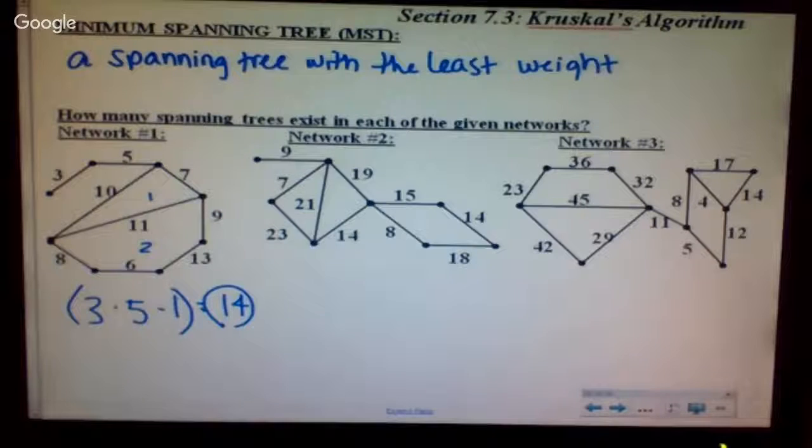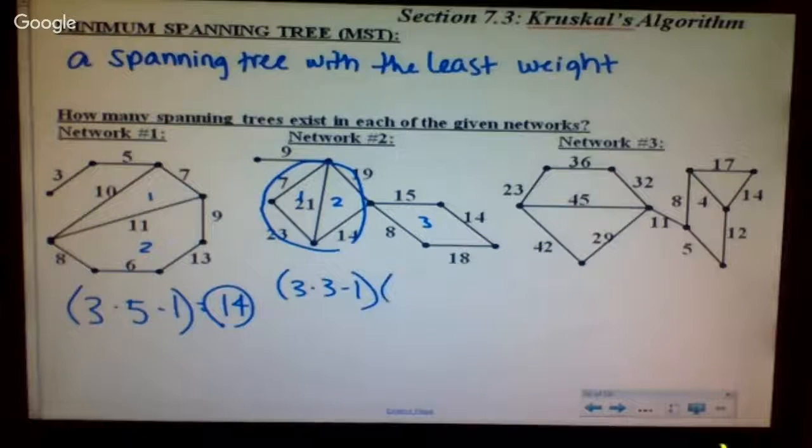Okay, network 2. You have how many circuits? 1, 2, 3. This one shares in common. So we should have 3 times 3 minus 1 times 4. So 8 times 4, 32 options in this one.